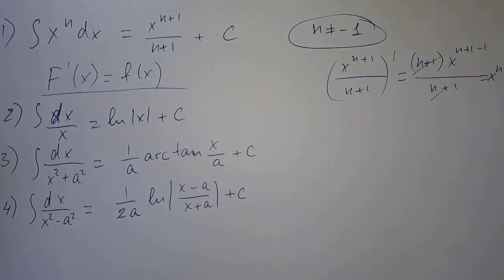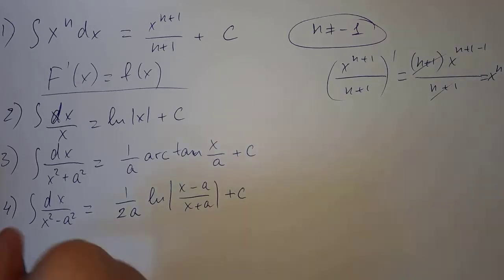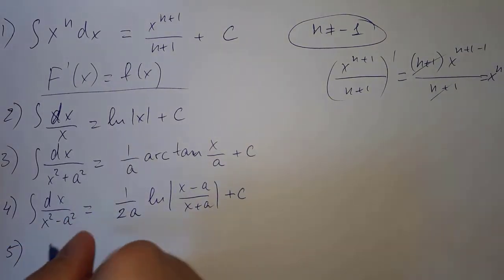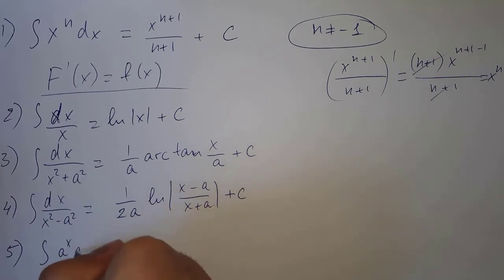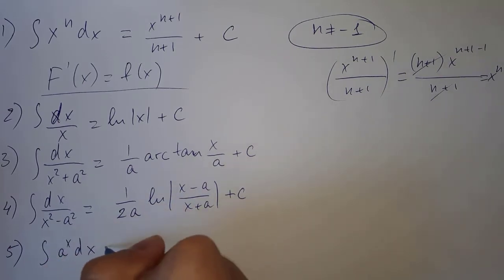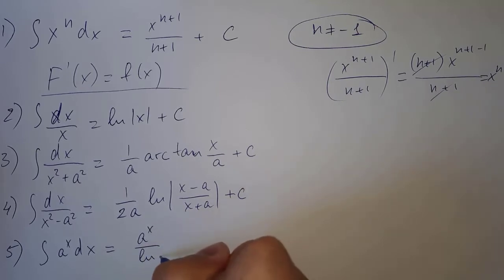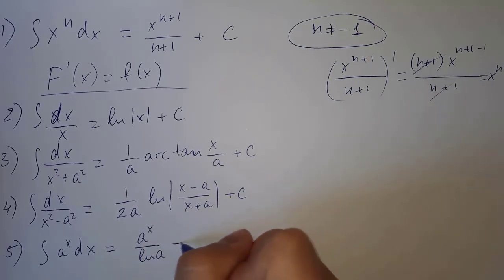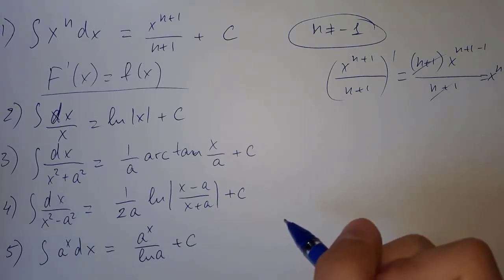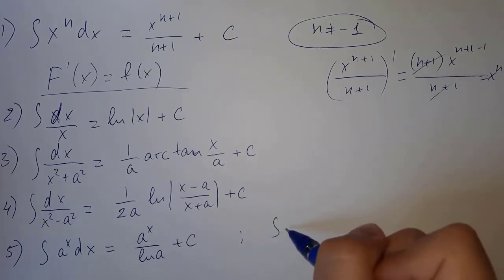And the next one is a to the power of x dx. It is a to the power of x over the natural logarithm of a, plus c. And in particular, here we have e to the power of x.